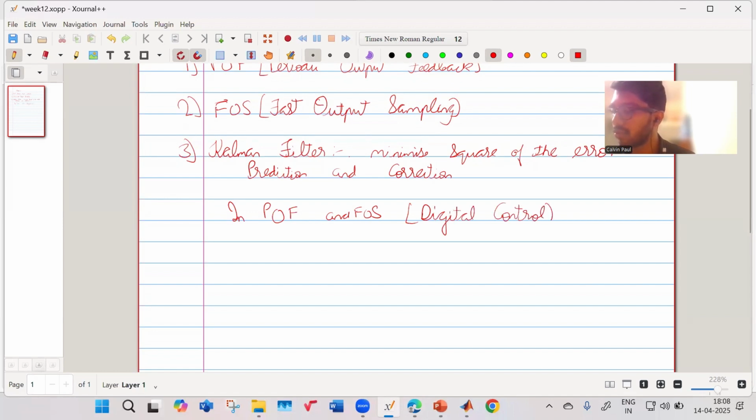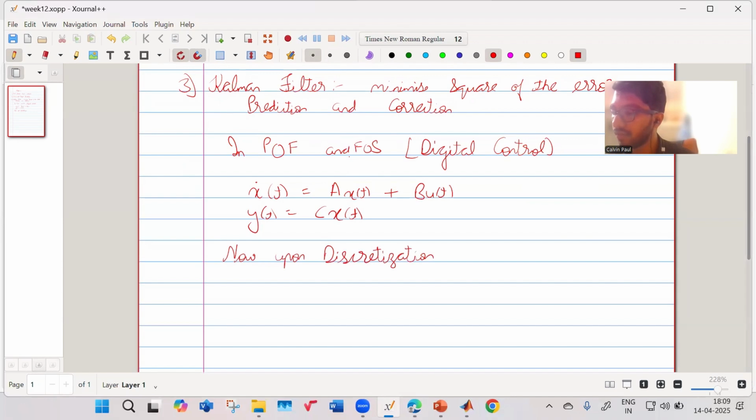Our original system is the linearized system: x dot of t is equal to A into x of t plus B into u of t, and y of t is equal to C into x of t. This is our system. Now, upon discretization, we have to do discretization.